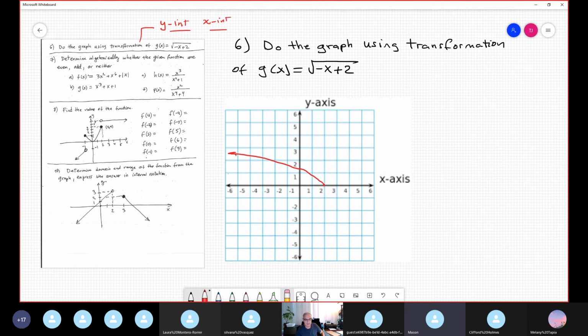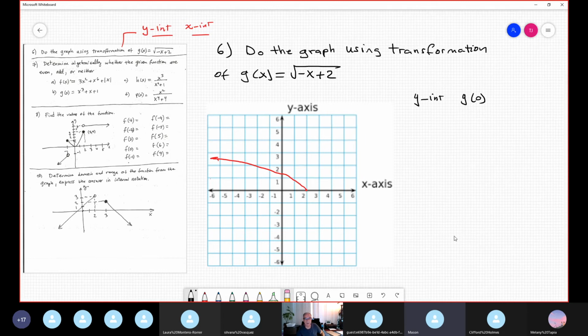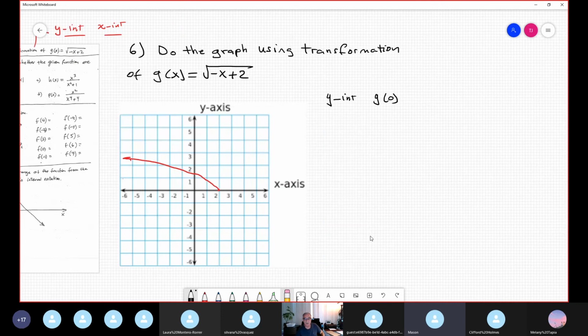Remember the formulas for the y and x intercepts. Evaluate the function. The function name is not f, it's g. g of 0, plugging in. So the square root of negative 0 plus 2 is radical 2.